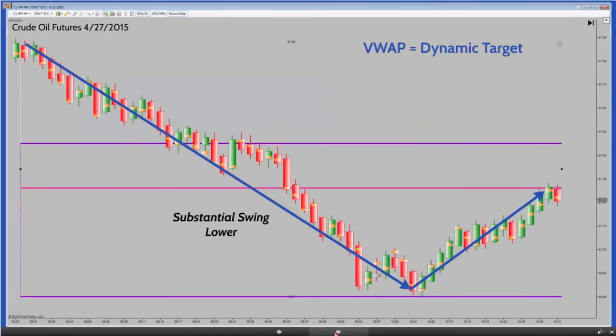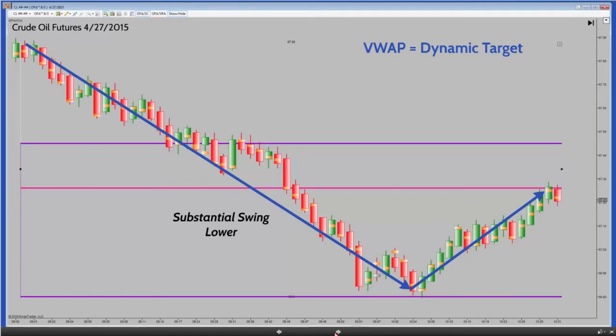Another great use for a VWAP is to use it as a target. You might say, well, how can it be a target and a stop? Well, I'm talking about opposing VWAPs. So here is a crude oil chart with price creating a massive swing lower. Then it starts pushing back up. In this case, I'm using the tool to show me the VWAP and the value of the swing down instead of the swing up, which is what would give me a normal trailing stop for a long.